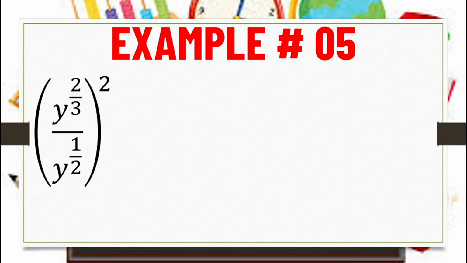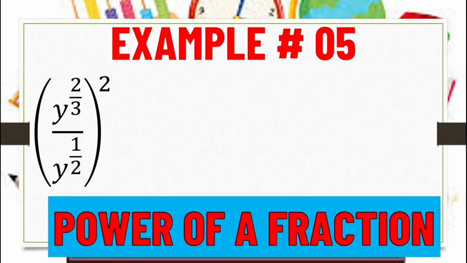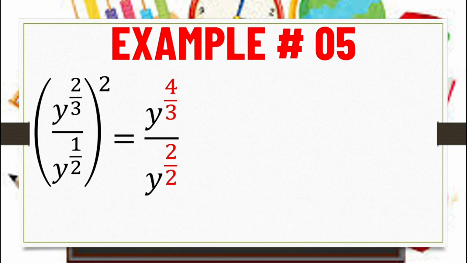This expression can be simplified using power of a fraction, wherein the exponent outside our grouping symbol will be multiplied to every exponent present inside our grouping symbol, both in the numerator and in the denominator. This leads us to y raised to 4/3 all over y raised to 2/2. 4/3 is the result when we multiply 2/3 and 2, while 2/2 is the result when we multiply 1/2 and 2.